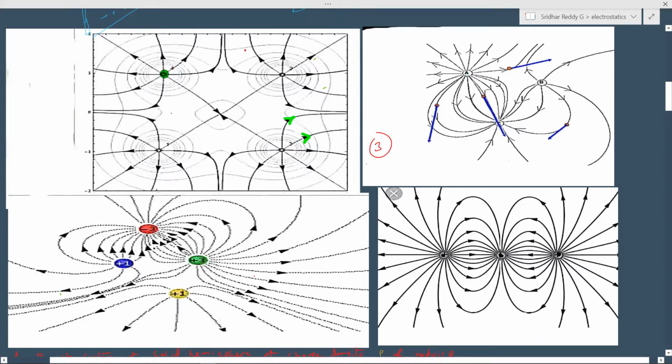For 4 identical point charges kept at the corners of a square, the lines of force of the system will be of this kind. So what is the field at this point? Resultant field must be 0, exactly at the midpoint. How many lines of force am I assuming? 8 lines of force due to each point charge. You see everywhere 8 lines of force is what we assumed.